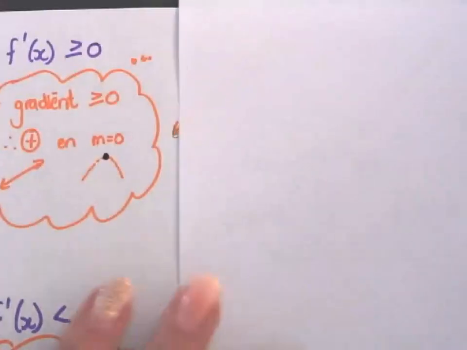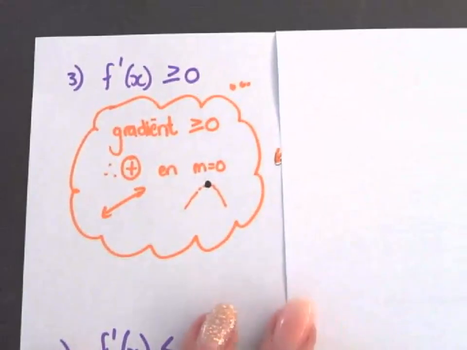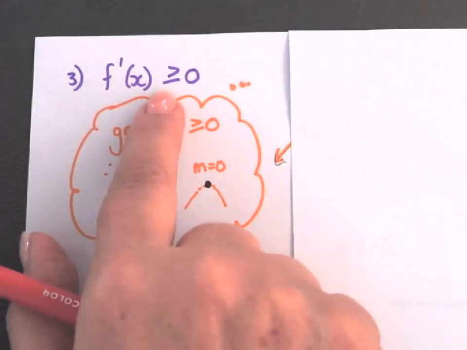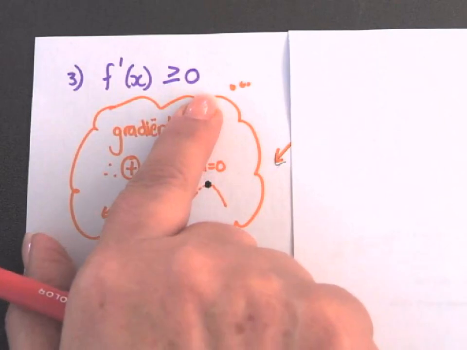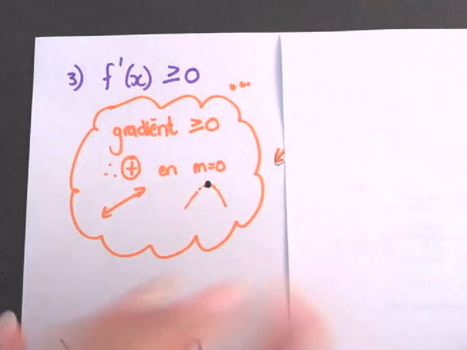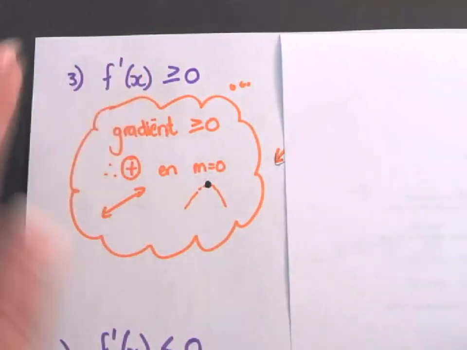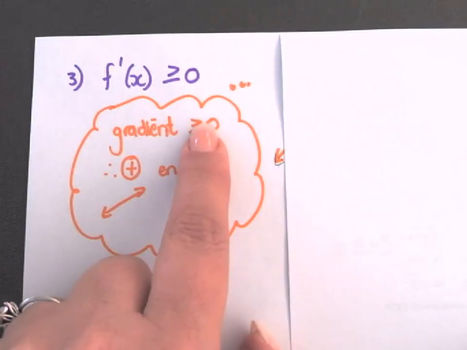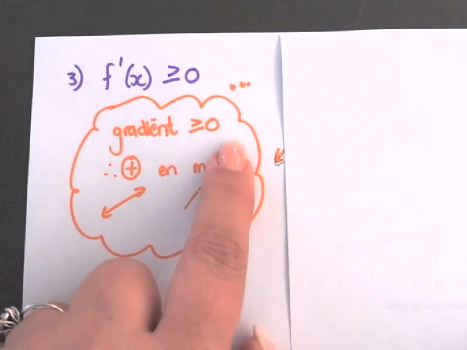Question number 3. The first derivative is larger or equal to 0. That means the first derivative refers to the gradient. Where is the gradient larger or equal to 0?